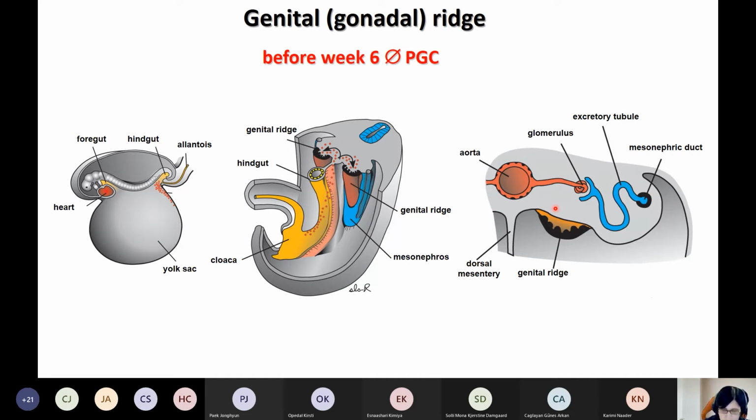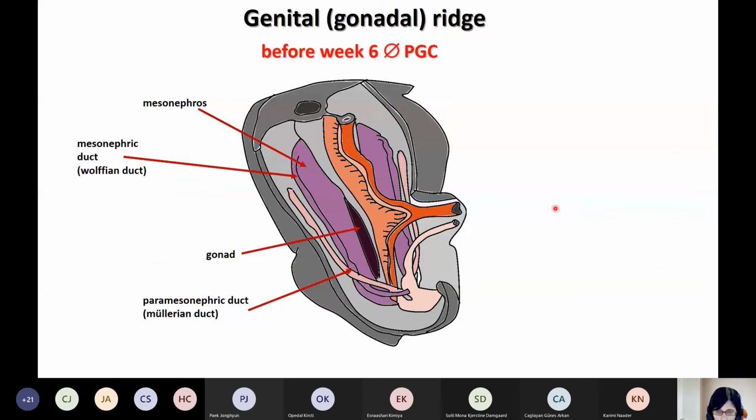On the next slide, we see also a summary about the structures we need for the development of the reproductive system. Here we see the developing gonad. This light purple area is the developing kidney with the mesonephros, and the duct of it on its lateral side.